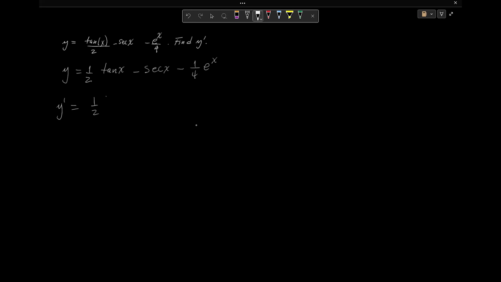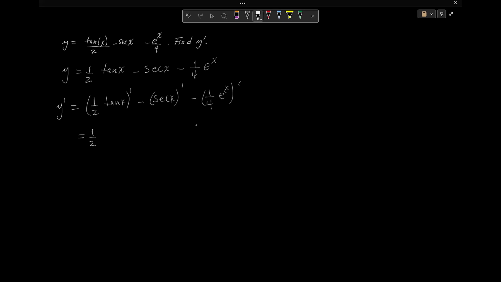It's the derivative of the first term minus the derivative of the second term minus the derivative of the third term. The 1/2 times the function, when I'm taking the derivative of those, the 1/2 comes along.